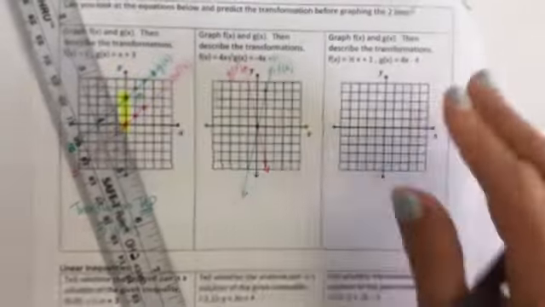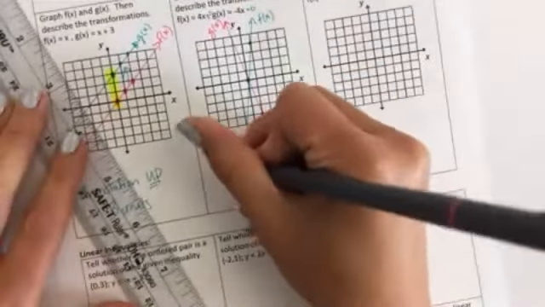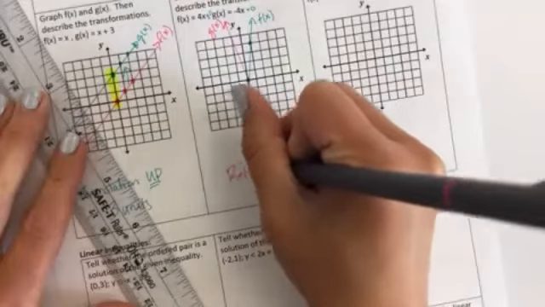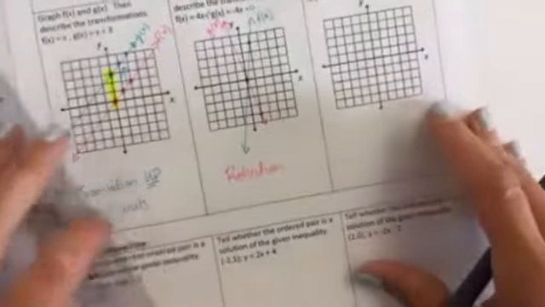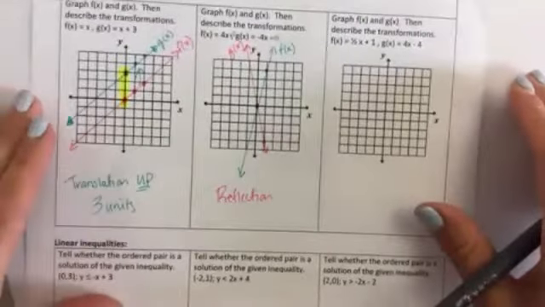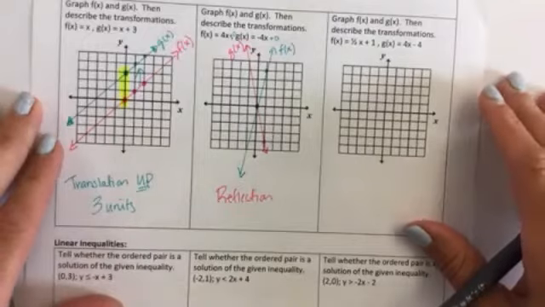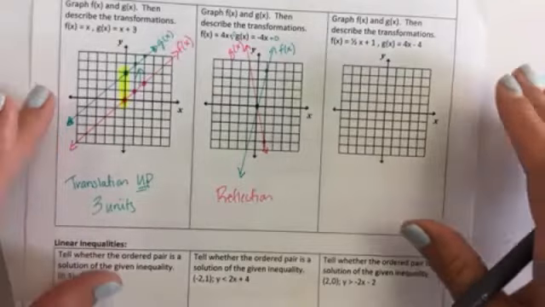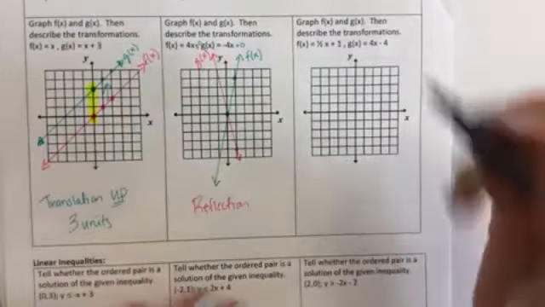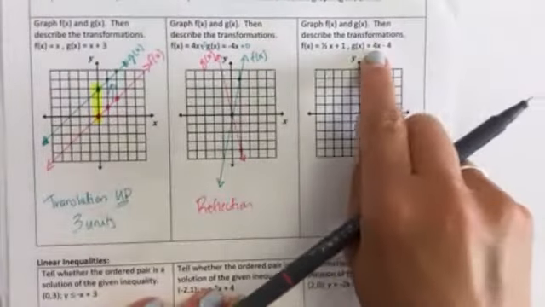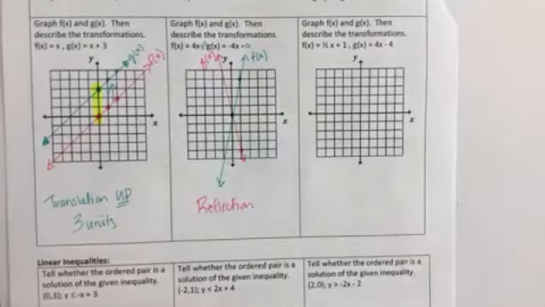And then if they are the same slope but opposites, this is a reflection. Okay. Now the last one here, not only was our slope different, but our y-intercept changes. So 2 different transformations happened here.